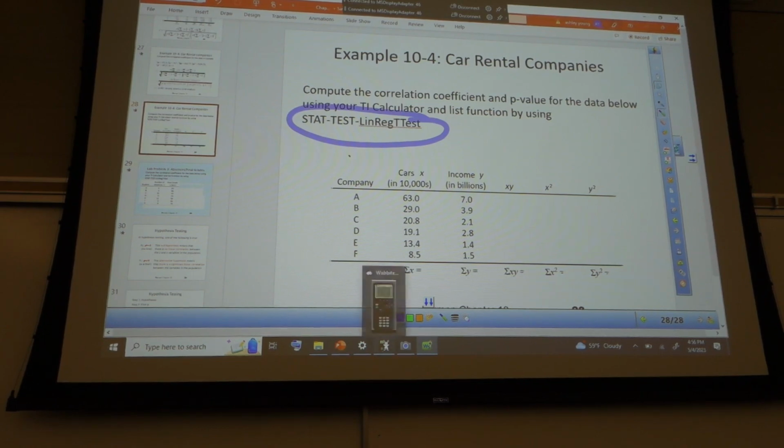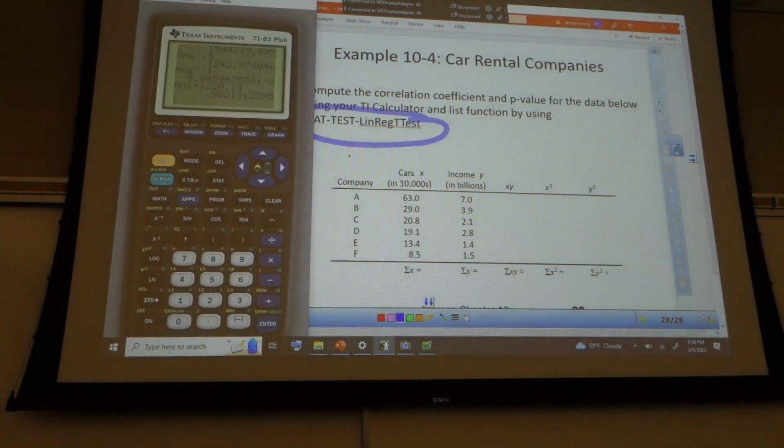I'm going to go to my calculator. My x's are already in list 1, my y's are already in list 2. So I'm just going to do stat, over to test. Is everyone with me? Stat, test. Arrow up, because it's towards the bottom. So arrow up to linear regression t-test, not interval, test. Hit enter. Again, my x's are in list 1, my y's are in list 2.